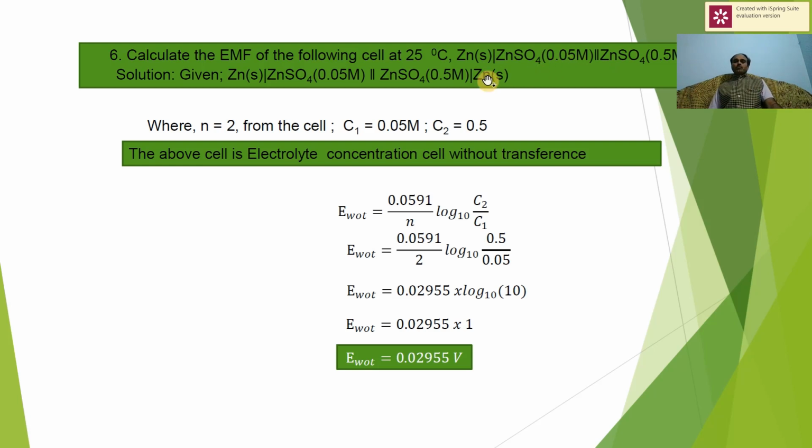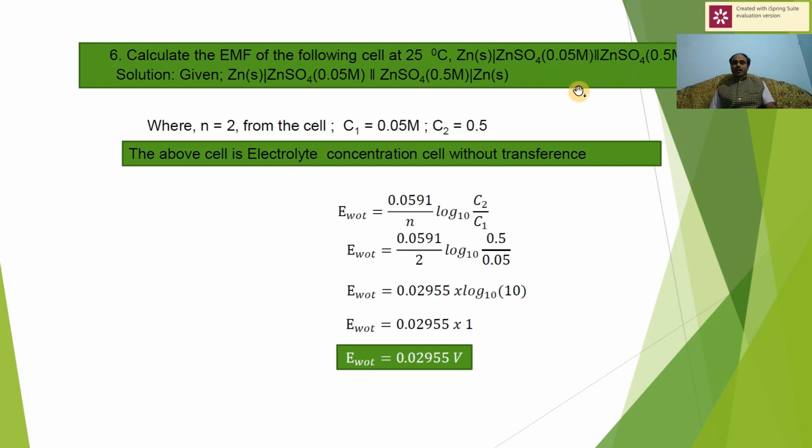So you know that you have to use the Nernst equation, of course, for the EMF of any cell. You have to calculate the EMF of this cell. Look at this cell. This cell is not similar to the cell representation of the Daniell cell. Keenly observe this cell: Zn, vertical line, ZnSO4, salt bridge, ZnSO4, vertical line, Zn.